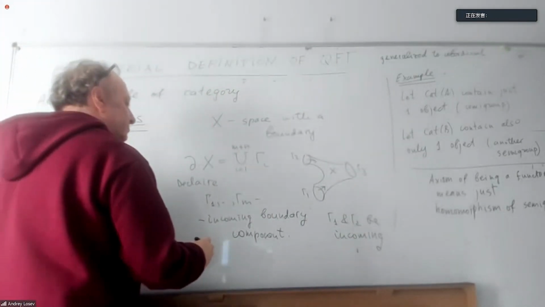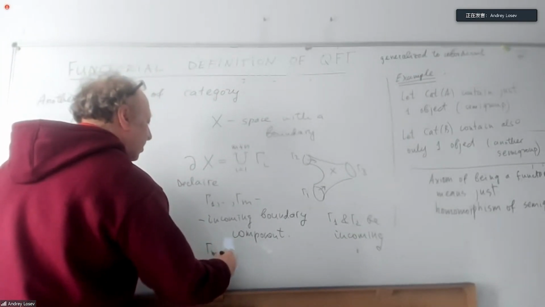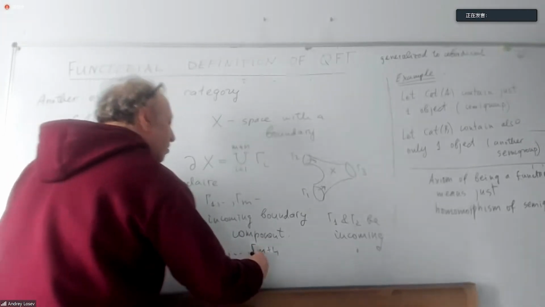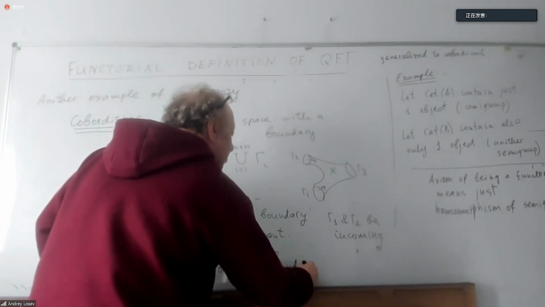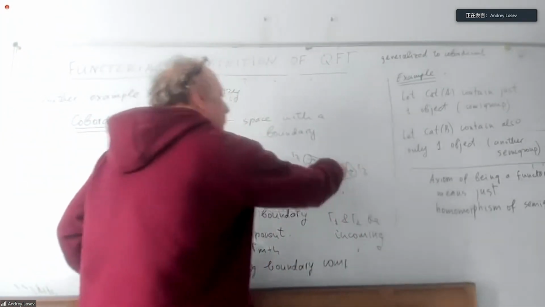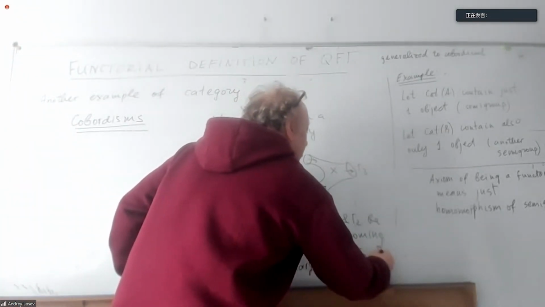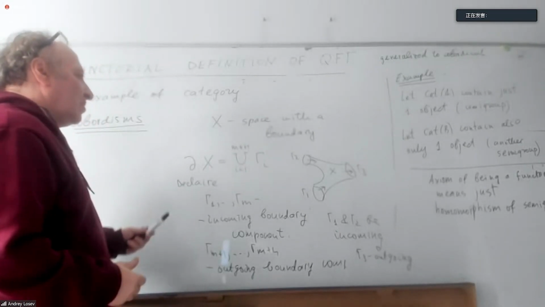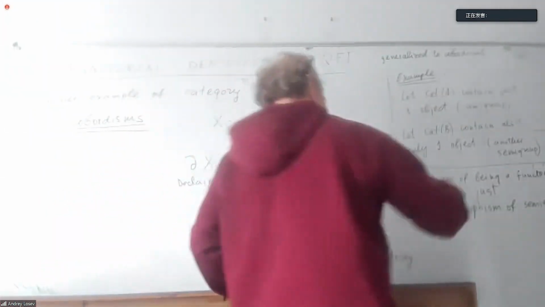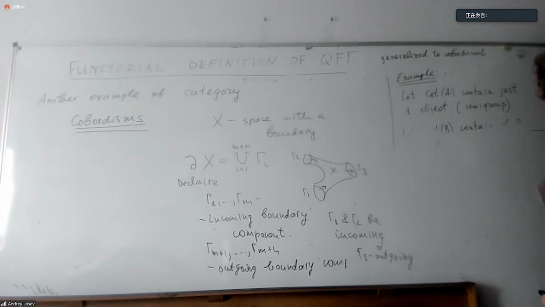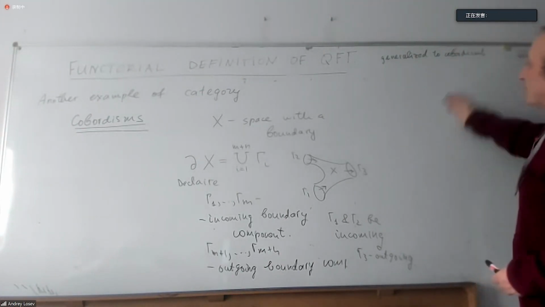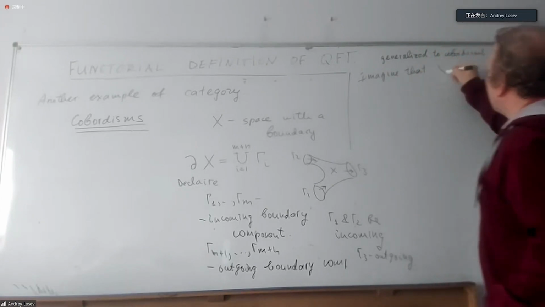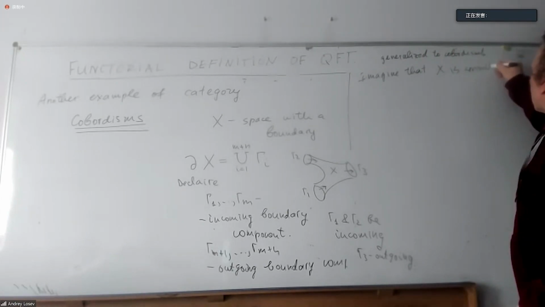And let gamma m plus 1, etc., gamma m plus n be outgoing boundary components. I will denote it like this. Okay, and I imagine that X is a smooth manifold.